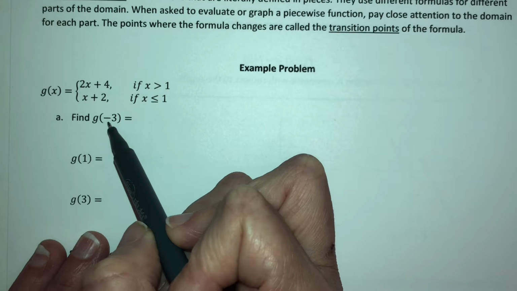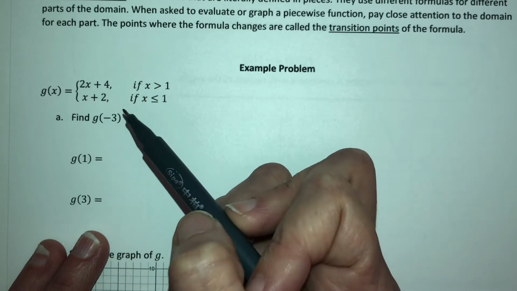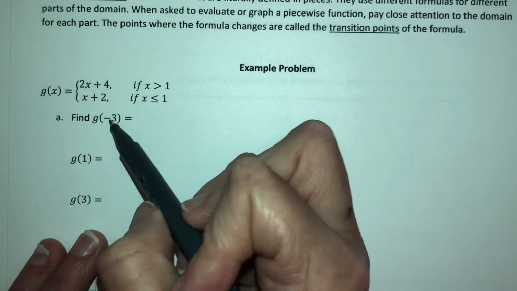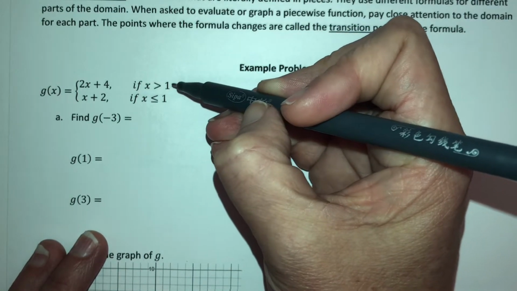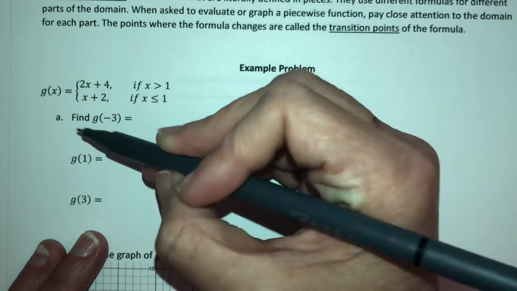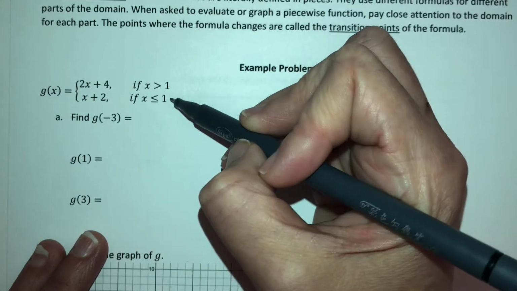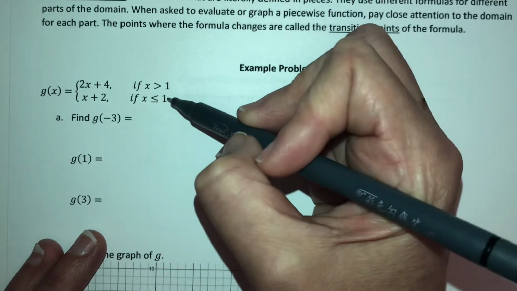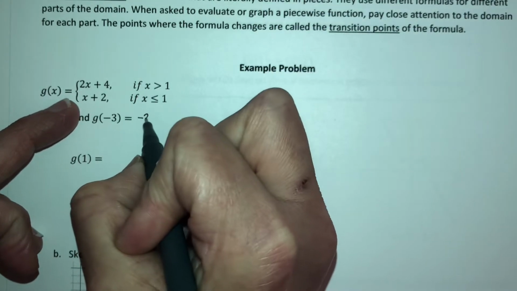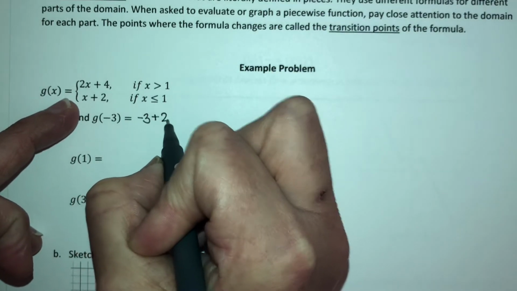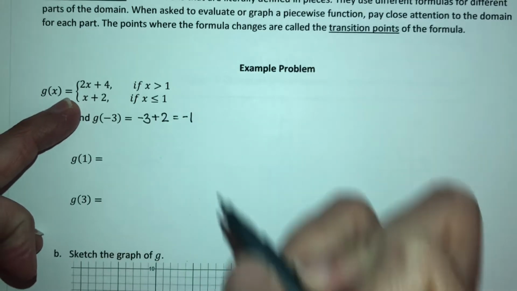I want to plug in negative 3 for x. Is negative 3 larger than 1? No. Negative 3 is less than or equal to 1, so this is the formula I need to plug into. That will be negative 3 plus 2, which is negative 1.